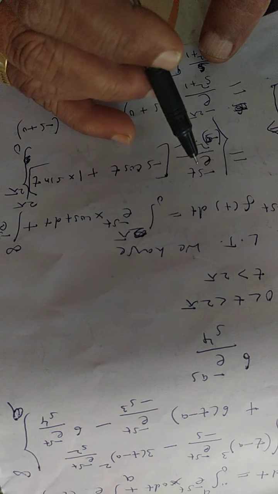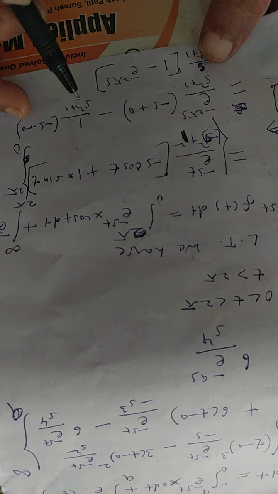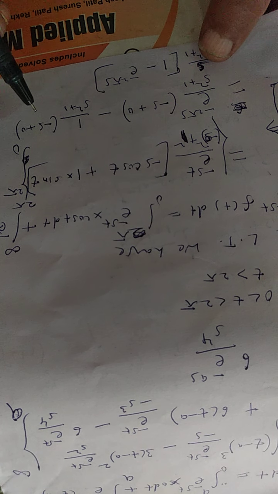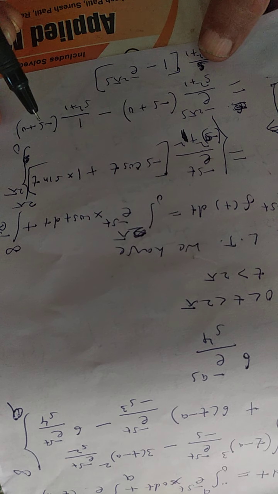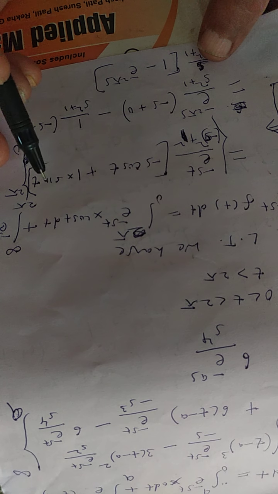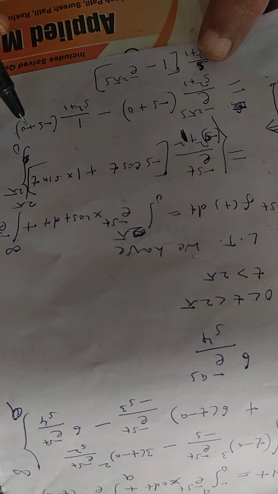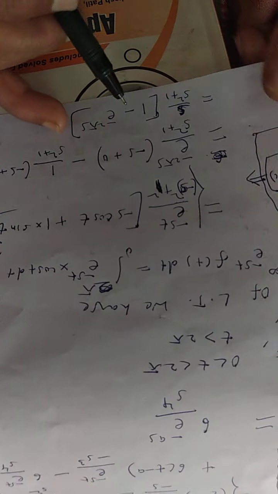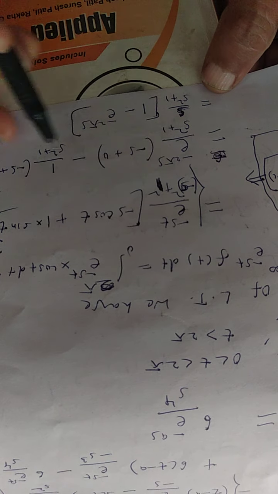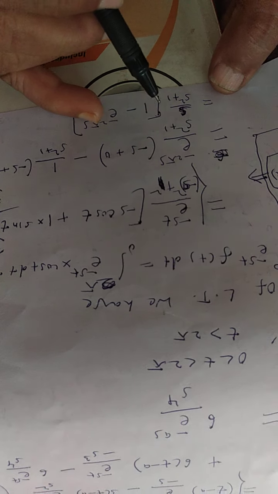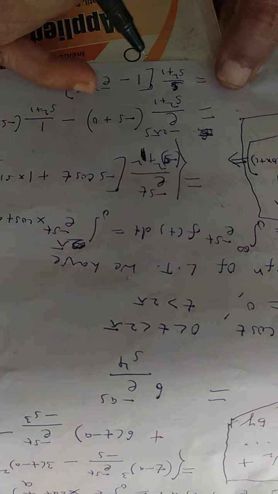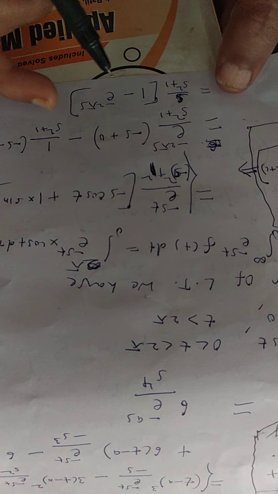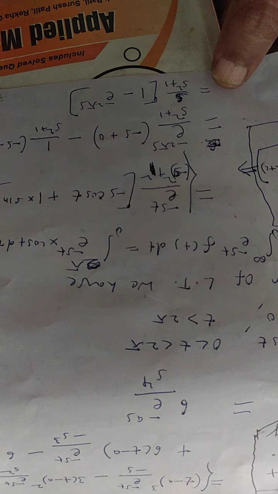E raised to 0 is 1 upon s square plus 1 into bracket, when t is 0, cos 0 is 1, so minus s, when t is 0, sin 0 is 0. After simplification, the final answer is s upon s square plus 1 into bracket 1 minus e raised to minus 2 pi s.